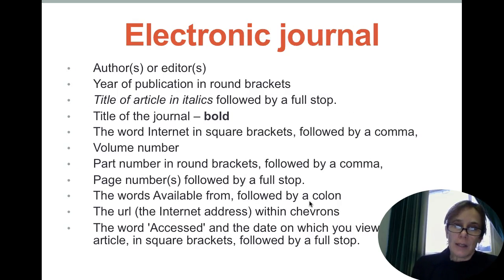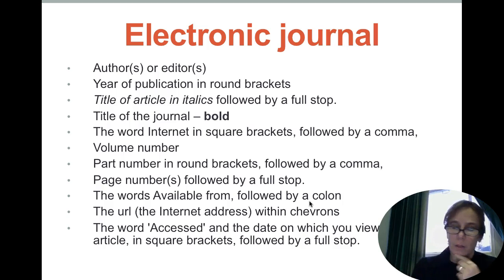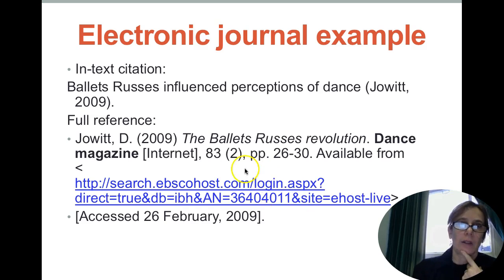Electronic journals, these are online only. Again, there's a slightly different convention. It's mainly to do with the internet reference itself and all of that stuff. Let's have a quick look. So the in-text citation would be Ballet Russe Influence Perceptions of Dance. The full reference: title of this article, The Ballet Russe Revolution, Dance Magazine, which is in bold, brackets internet because it's only an internet publication.